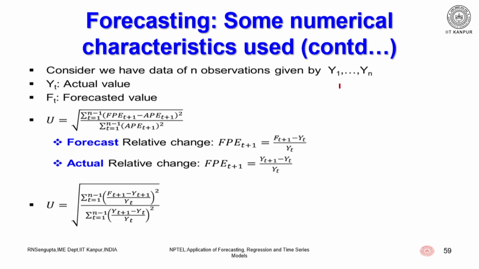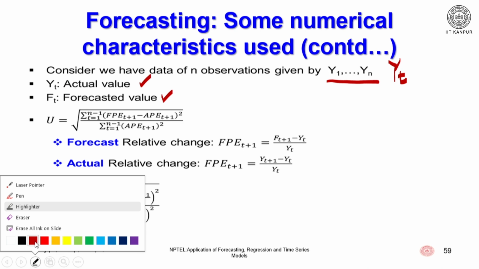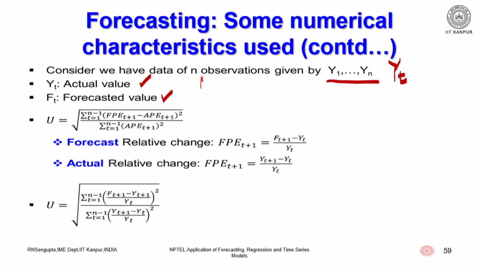Consider we have data of n observations starting from y1 to yn, and obviously we will denote them by yt, and as we know, ft and et would be the corresponding forecasted value and the error term. Here we consider yt as the actual value, ft as the forecasted value, and we also consider et as the error.